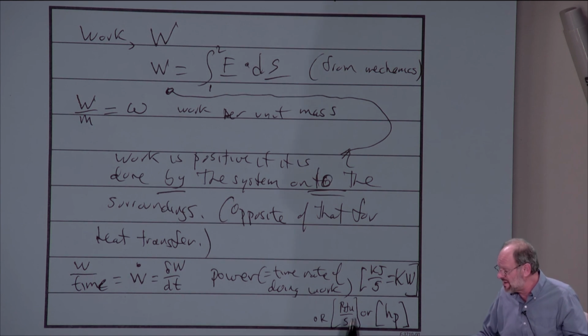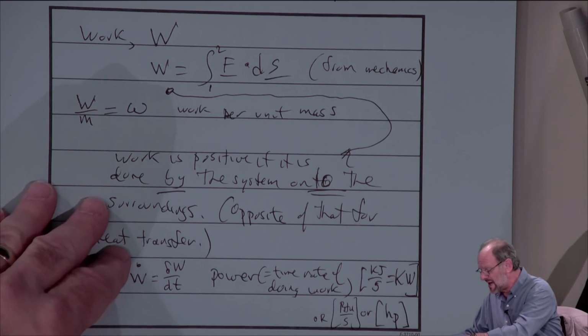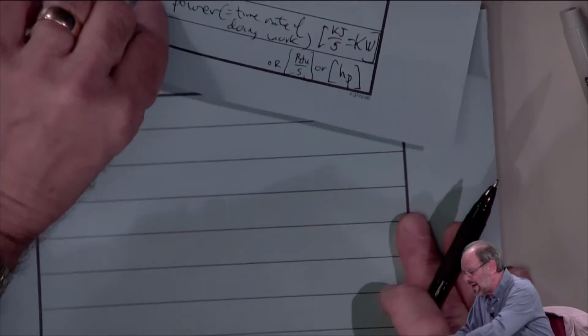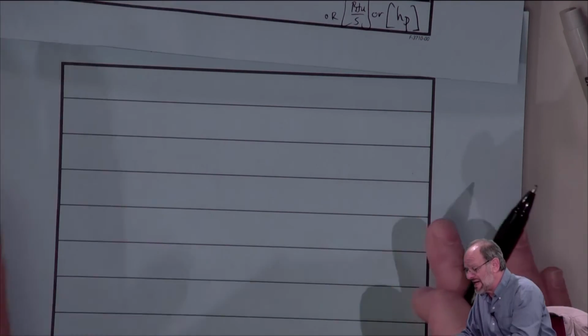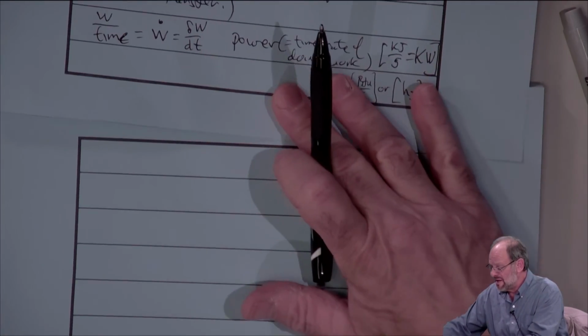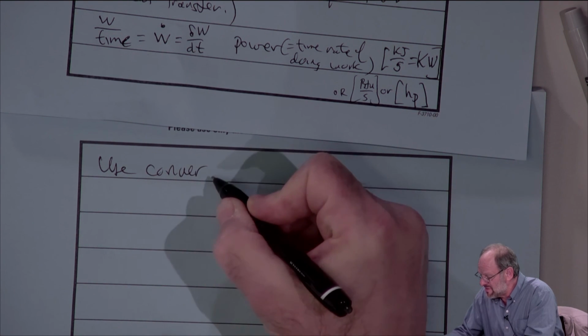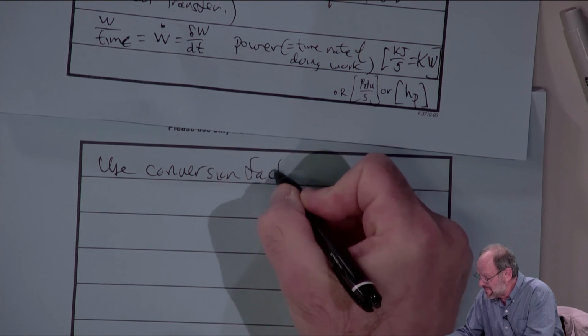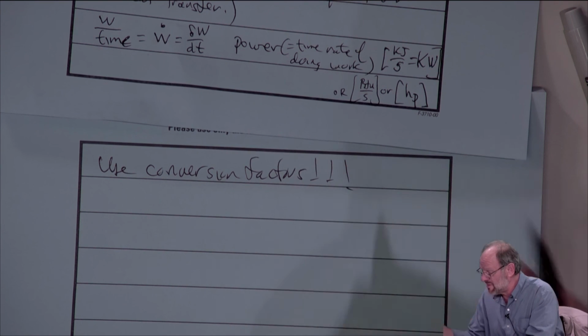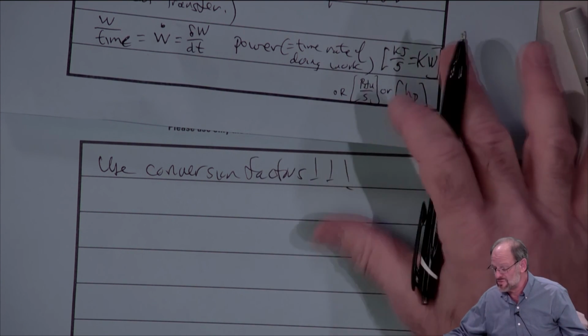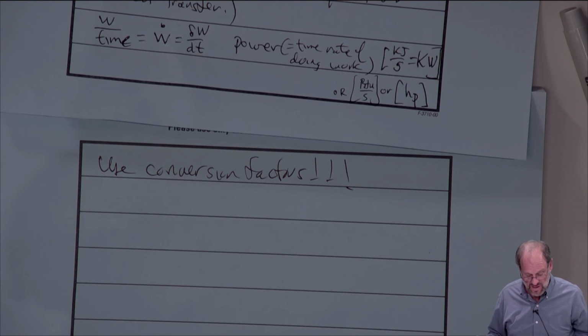So just be aware that unlike a kilojoule per second, which is exactly the same as a kilowatt, a BTU per second does not equal a horsepower. And again, use conversion factors. Make sure you use them appropriately, or else your numbers are just all going to come out wrong for any problem that you work on.